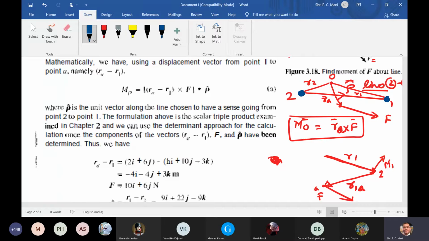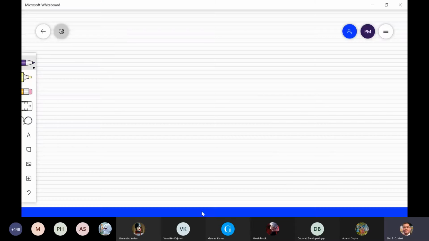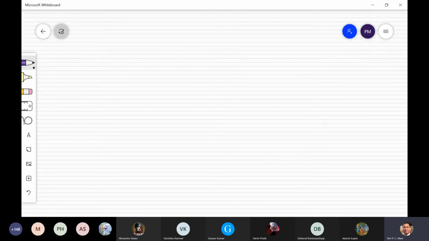For example, if the vector representation of the position vectors is not given, what will you basically do?